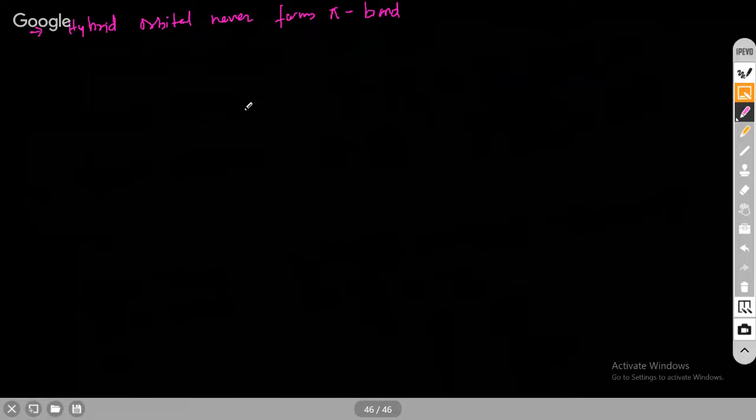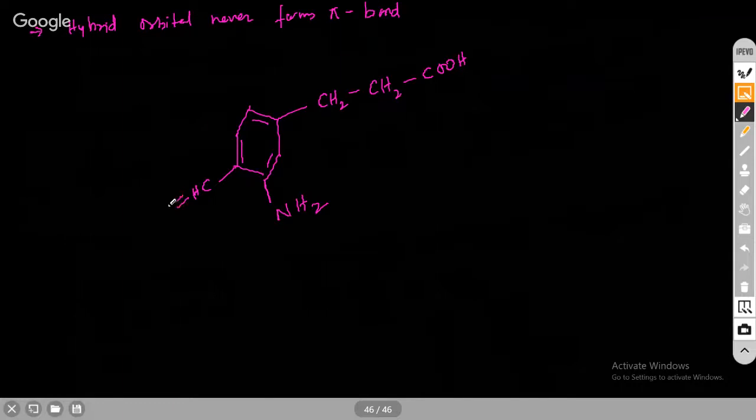So if you have any organic compound given, suppose there are compounds like this.